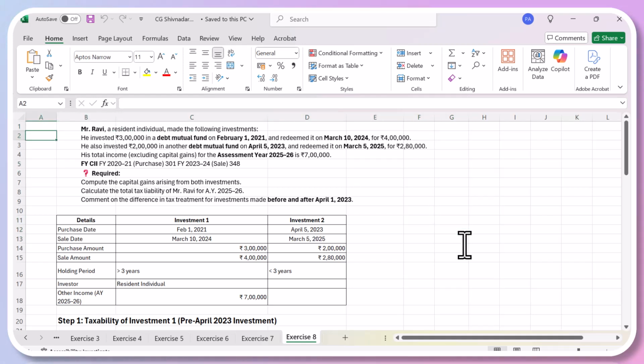Okay. So can you read this? Yeah. Can you read, Pranav? Okay.